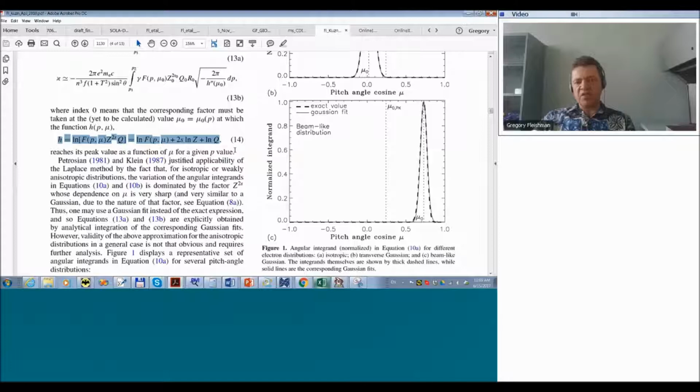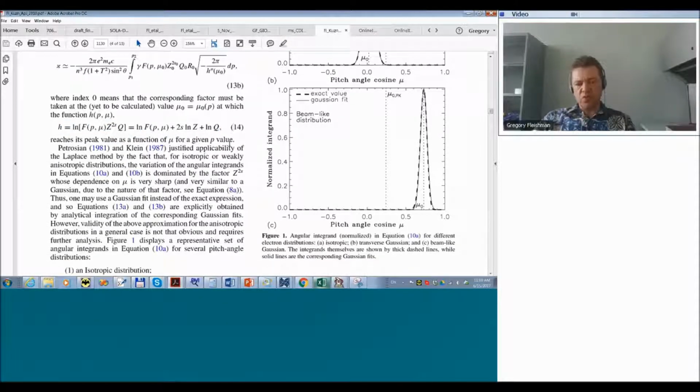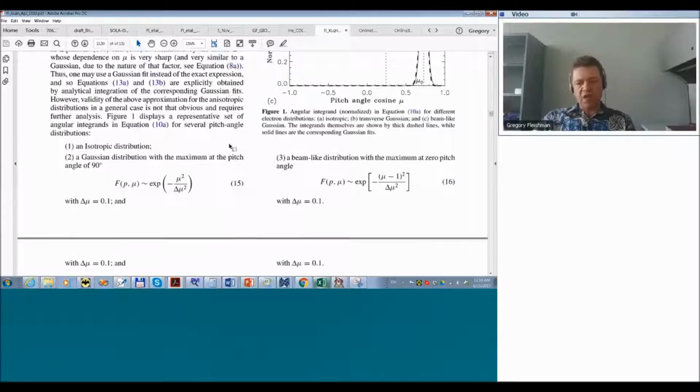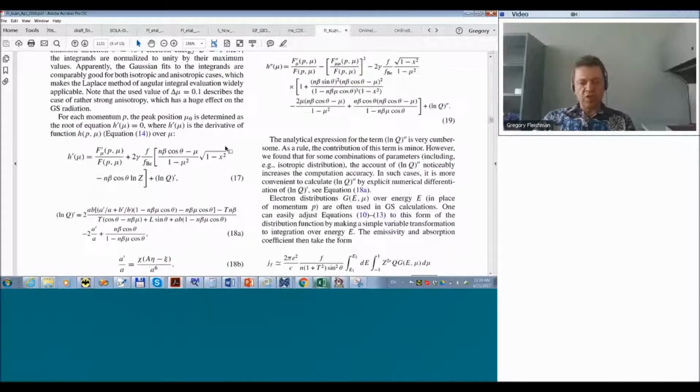Many ingredients have already been coded by Alice, so you will use some blocks, and eventually we have to solve the equation H prime over mu equals 0. The root of this equation gives us the desired value of mu naught.